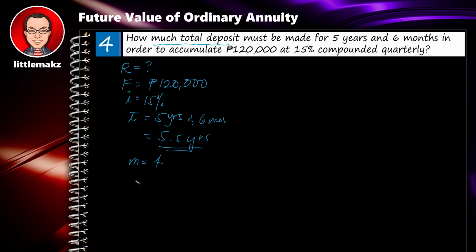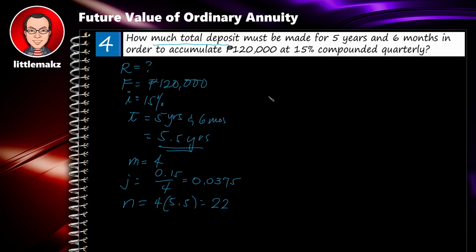Then we got your J is 15% divided by 4, or that is actually equal to 0.0375, and our N here is 4 times 5.5, or that is 22.